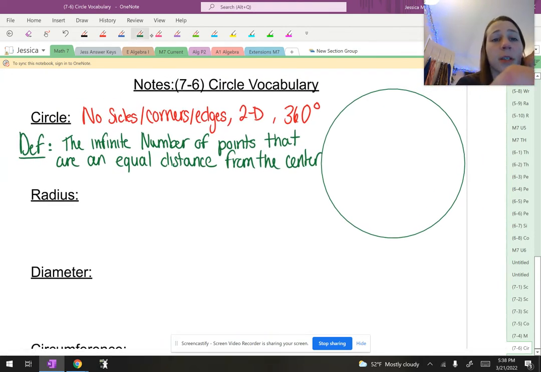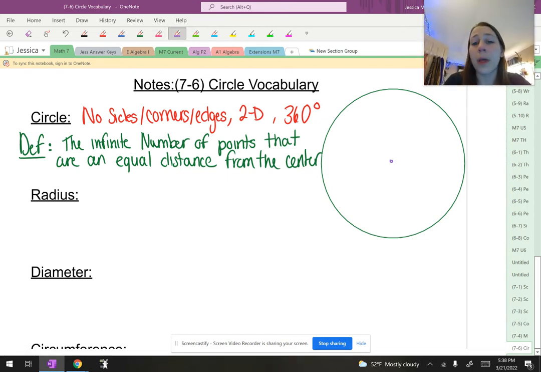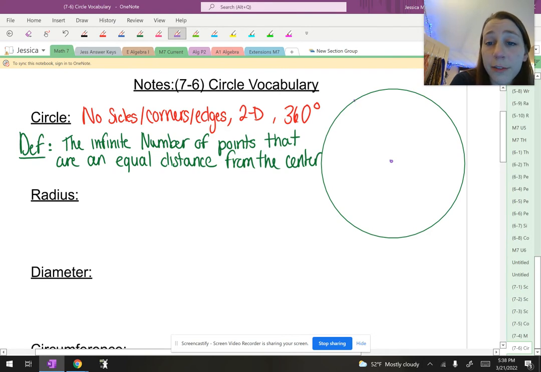And that makes sense because if you think about the circle and you make your center, and if you have not drawn a circle on your paper, please do so. And then just go ahead and fill in around your circle a whole bunch of little dots. Make sure they're on your circle. Obviously, it doesn't have to be perfect because mine's not. But this is what the circle is composed of.